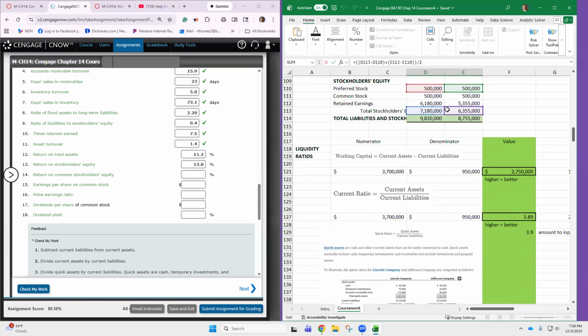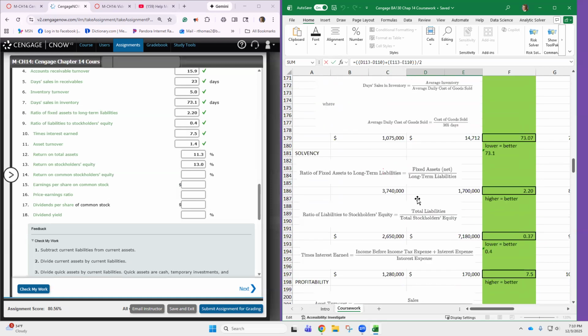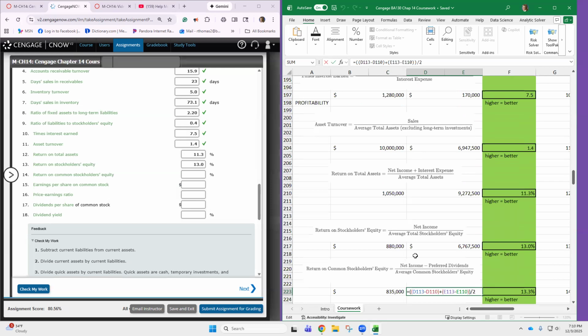I'm going to take total stockholders' equity and subtract the preferred stock from each one of these: this year minus preferred, this year minus preferred. Then I'm going to add those two amounts together and divide by 2, to get your average common stockholders' equity.